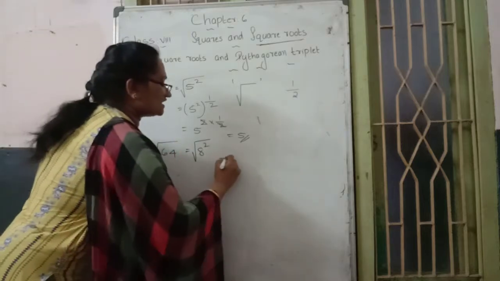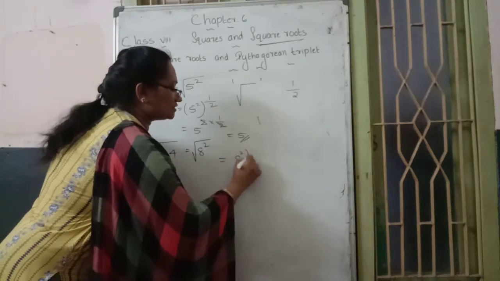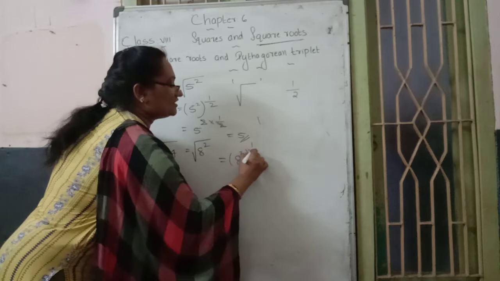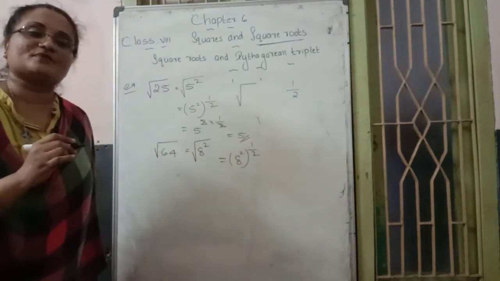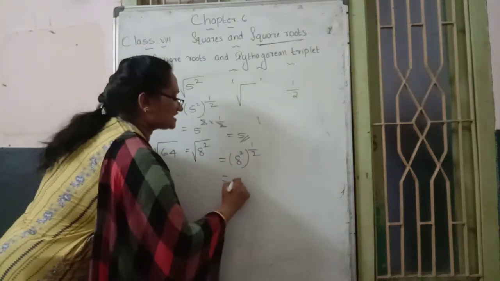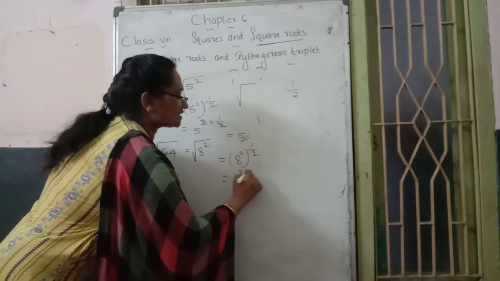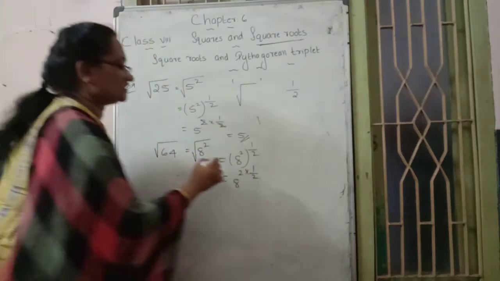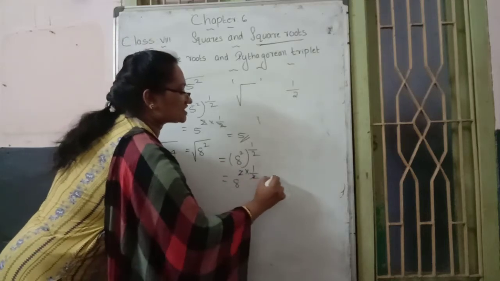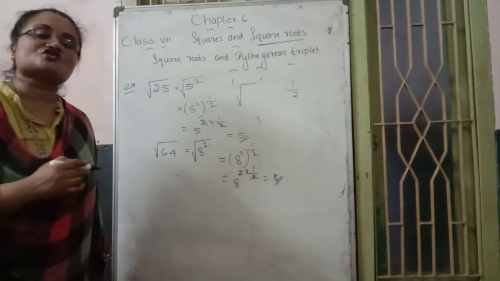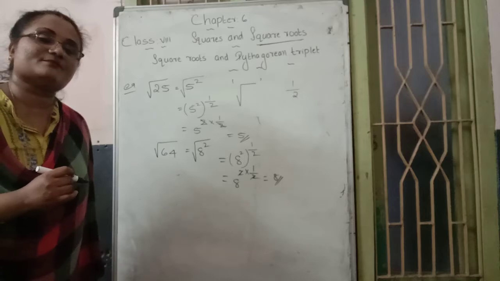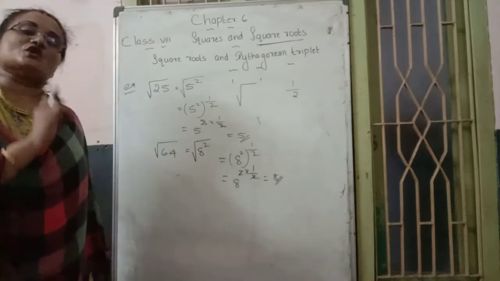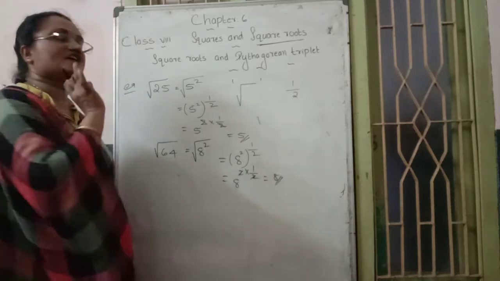The root is represented fractionally as 1 by 2. By the law of exponents, 2 into 1 by 2, the powers are multiplied, 2 cancels, 8 raised to 1. So the square root of 64 becomes 8.